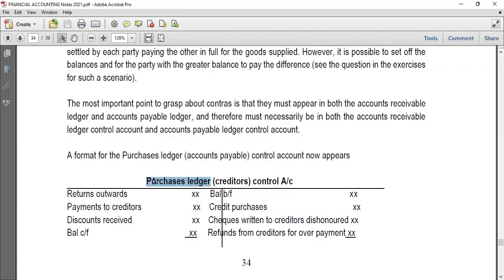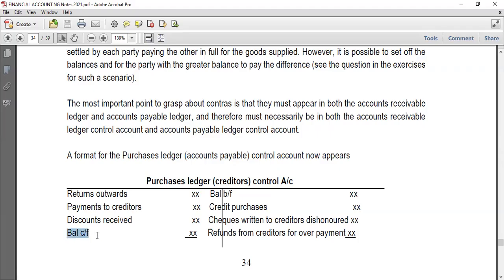So once we have our purchases ledger control account, it means that, now you know very well that creditors have a normal credit balance. You'll agree with me. Creditors have a normal credit balance, and that is why you're seeing your balance brought forward is right on the credit side, okay? Your balance brought forward is actually on the credit side, and the balance carried forward is on the debit side or carried down, okay?